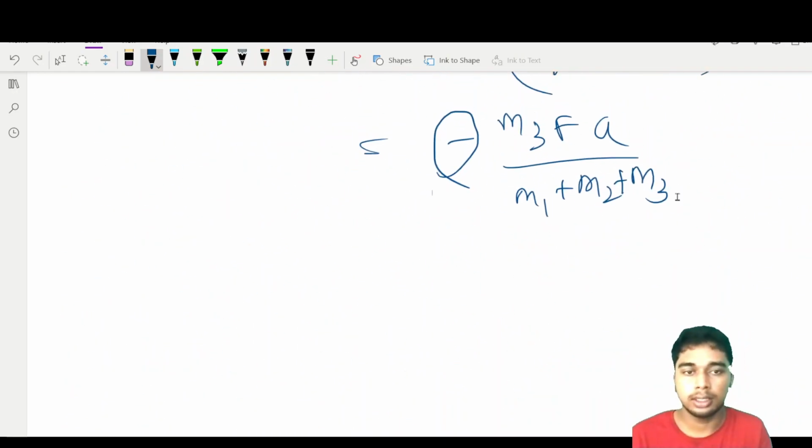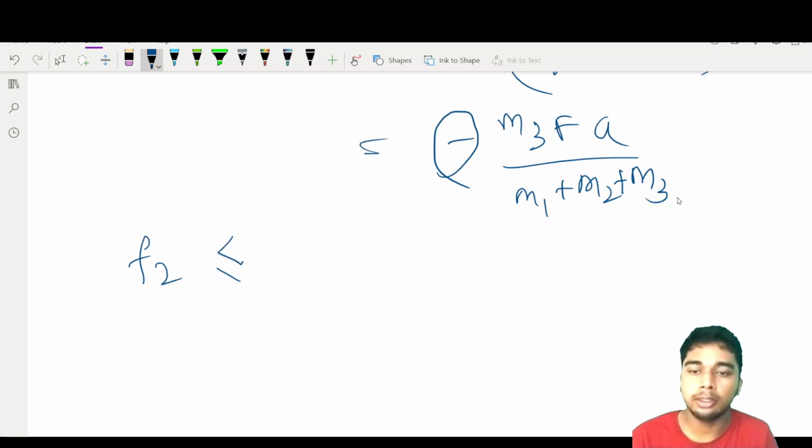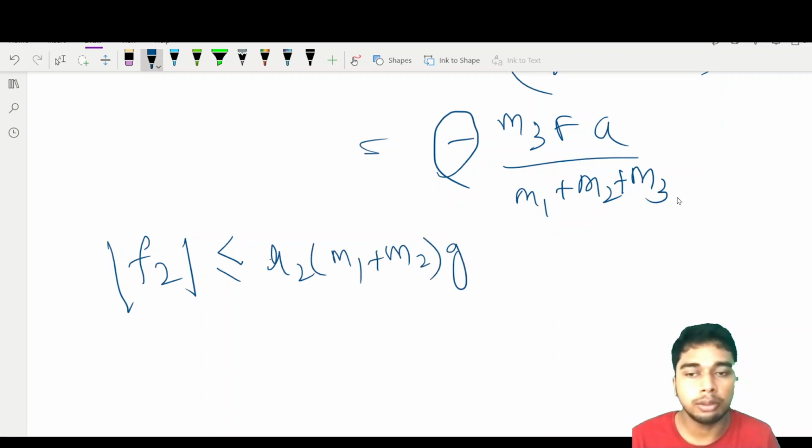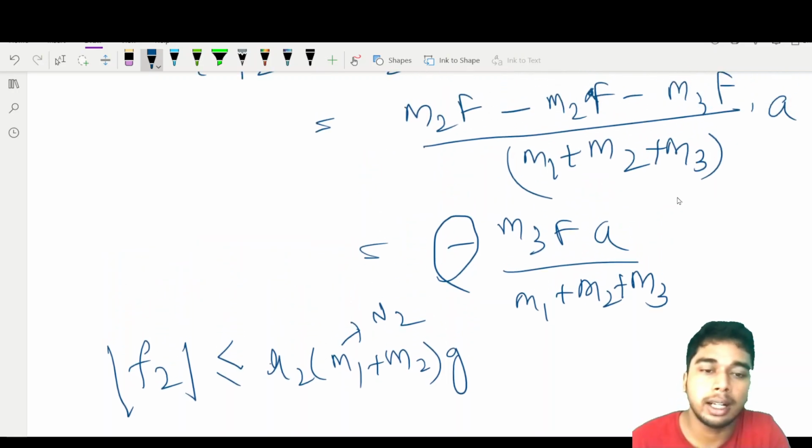Now I have to check. I have to match this relation, that this should be less than, in magnitude, mu2 times (m1 plus m2). m1 comes from the upper block, so this is the N2, and we already know how to calculate the normal forces in between.